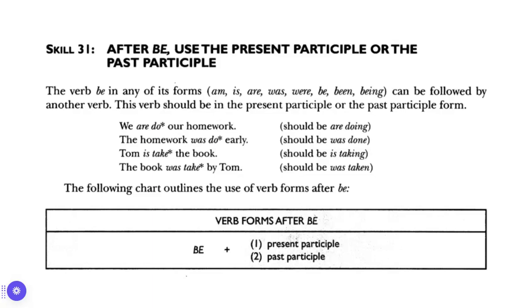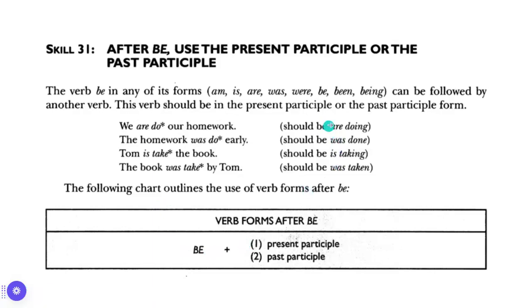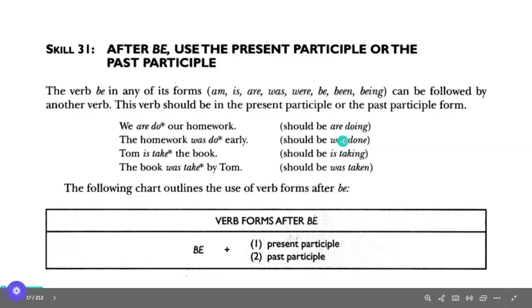Passive voice. The book was taken. So make sure that if there's a verb following the verb be, it should either be in present participle, like this one, doing, or in past participle, as in done.